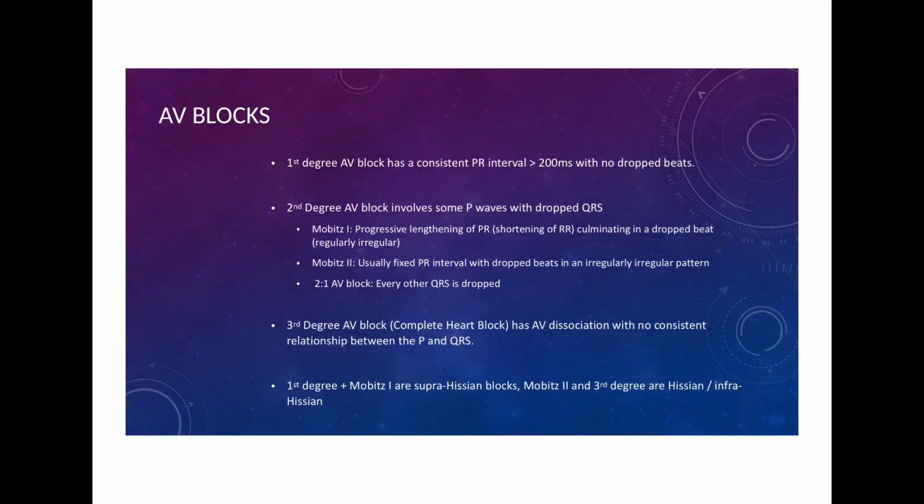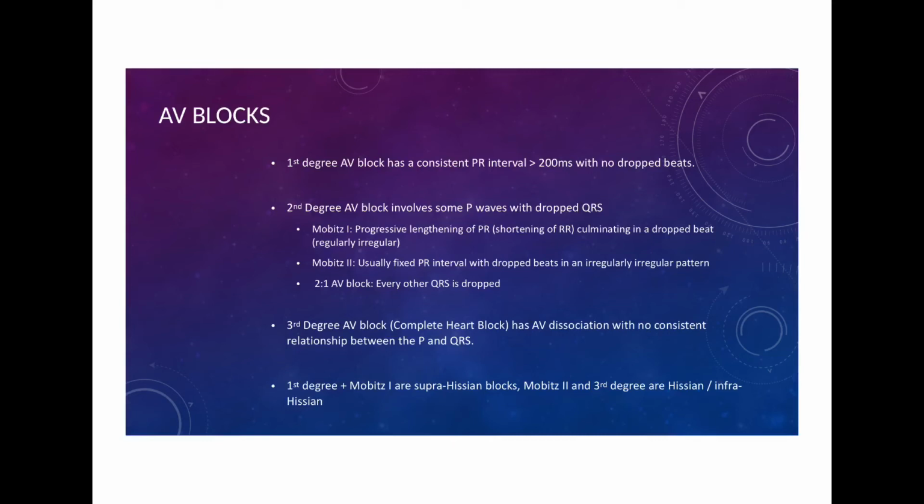And so you'll see what we call dropped beats. And in that category, we have the Mobitz 1 second degree AV block, where you'll see progressive prolongation of the PR interval until the dropped beat occurs. And the Mobitz 2 AV block, where the PR interval stays about the same and there's intermittently dropped beats without any warning.